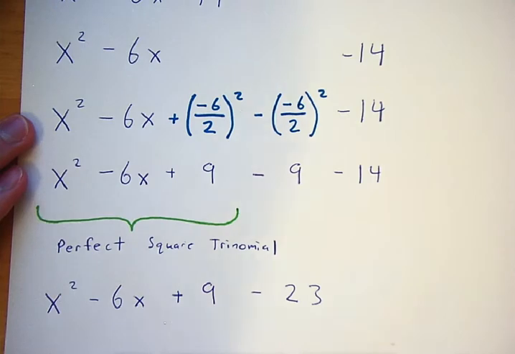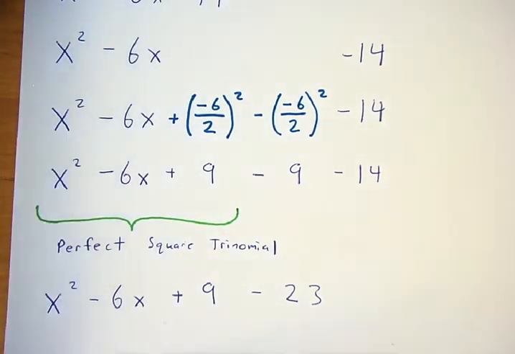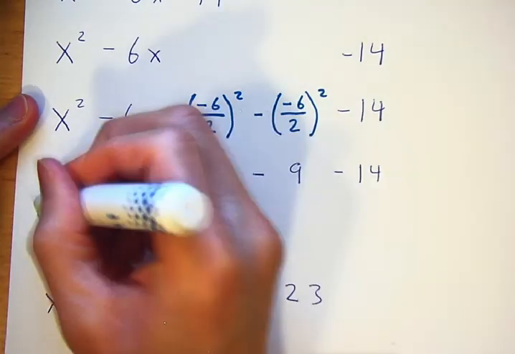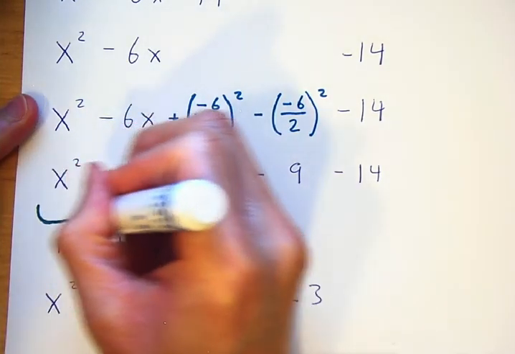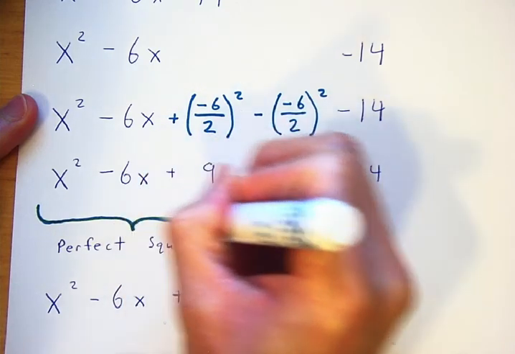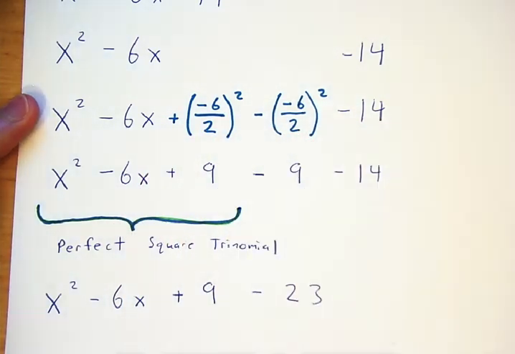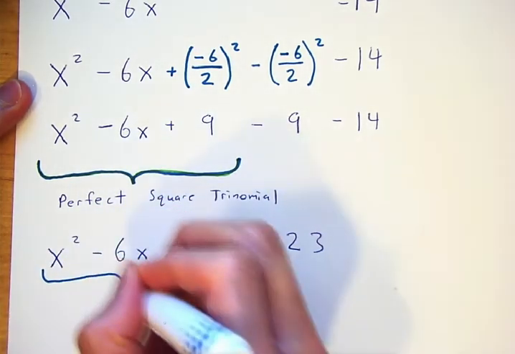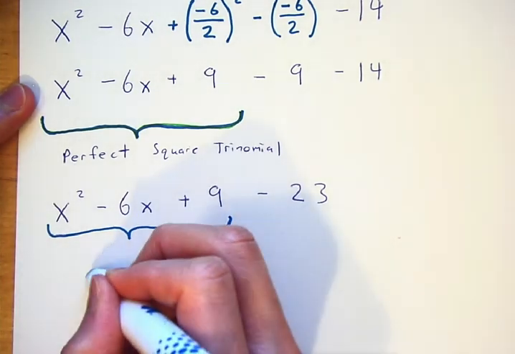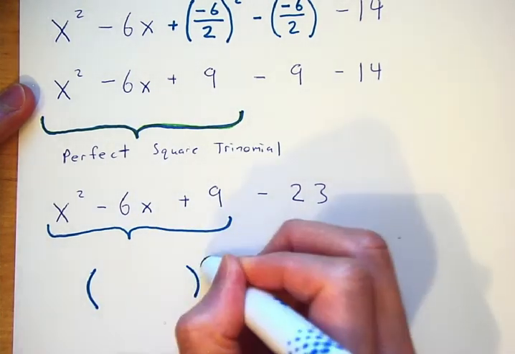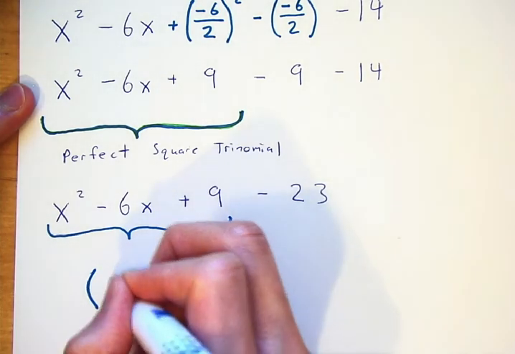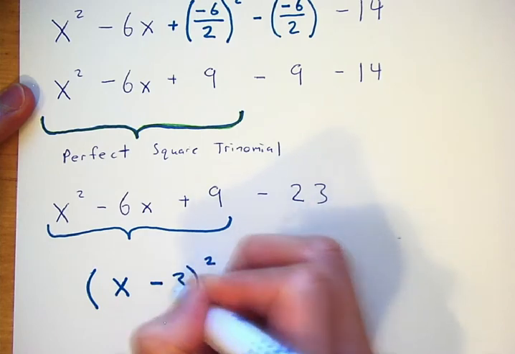I actually did mean to have this in blue, so let me change the color real quick. All right. These three terms right here are equal to x minus 3 squared.